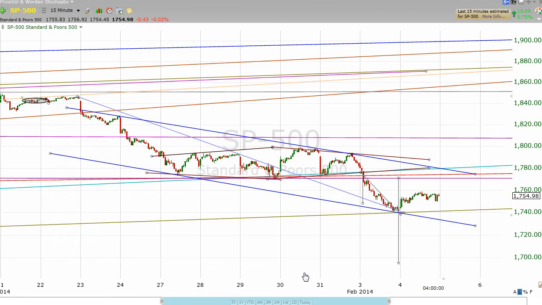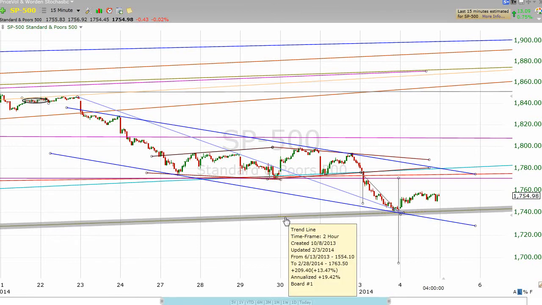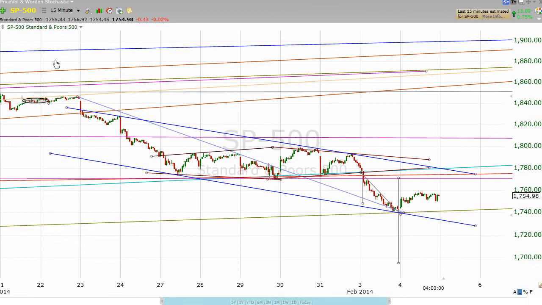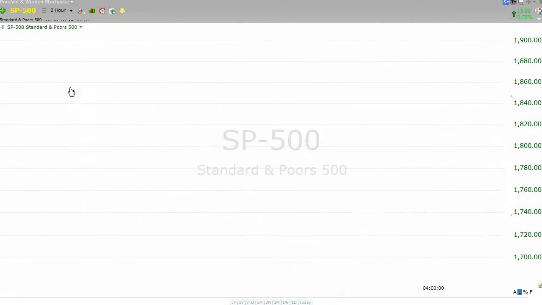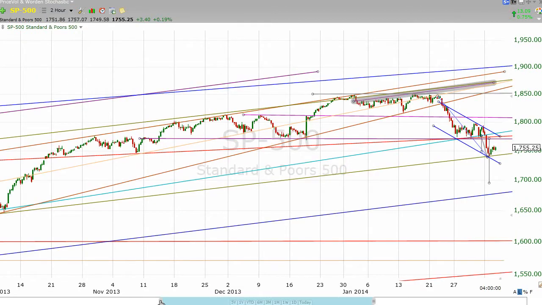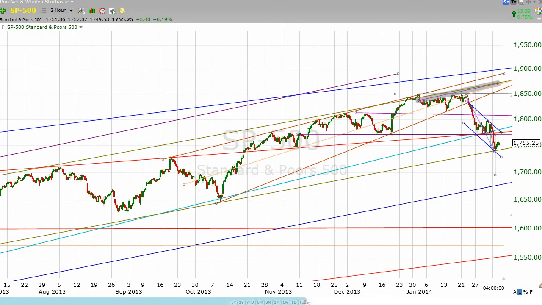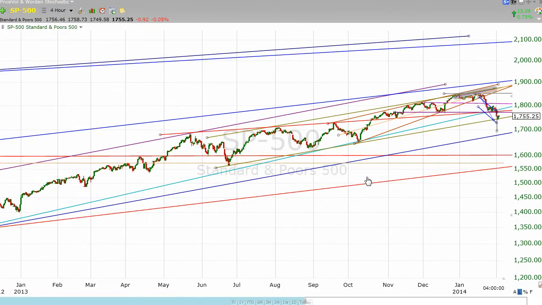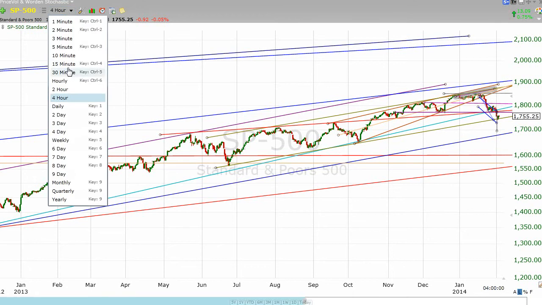And again, this line has a little bit more history, but not much more. If you'll recall, if we go back to a 2-hour chart, I believe that gets it done. Well, no, we've got to go to a 4-hour. We have a touch here in June, another touch in October, and we stayed above that line all the way until it was tagged at yesterday's low.